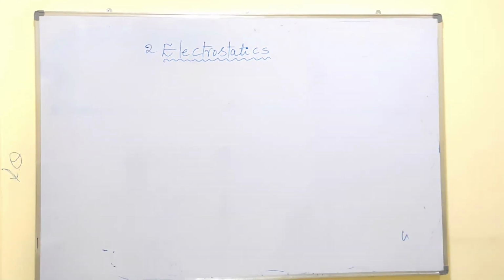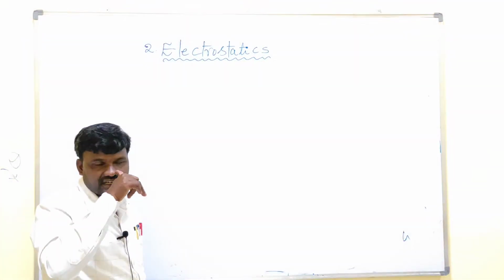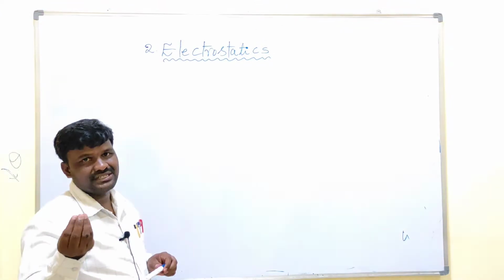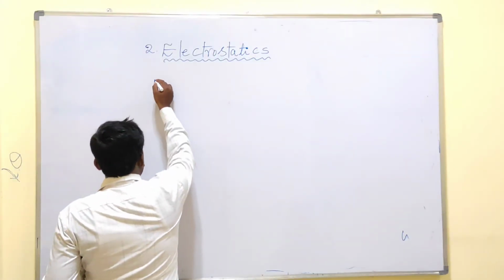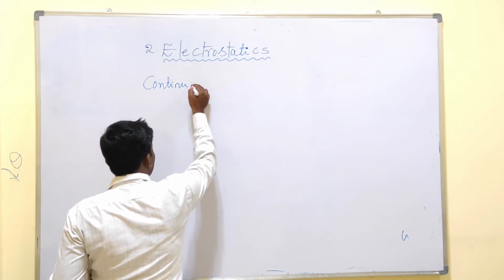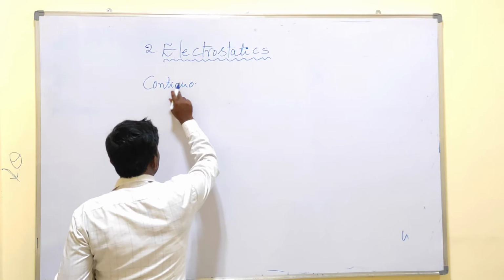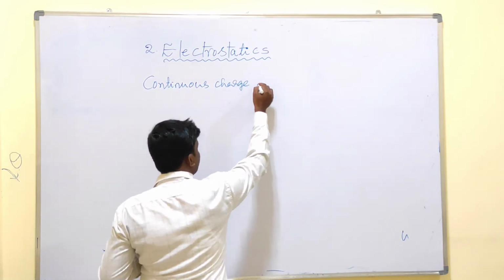What I want to say is, we need to find the electric field intensity due to line charge, surface charge, and volume charge, in addition to discrete charge, meaning point charge. We also have continuous charge distribution.